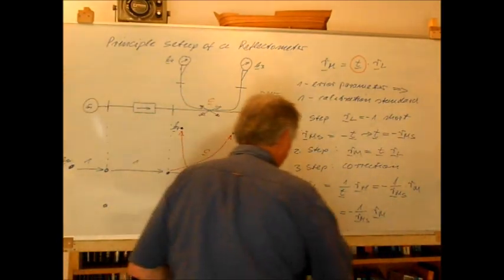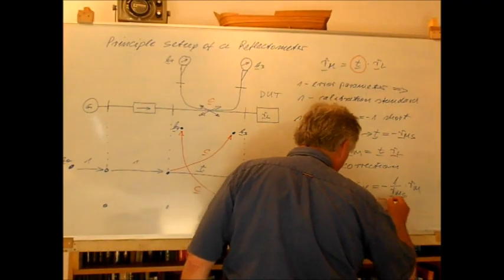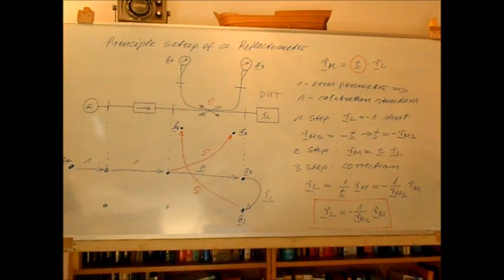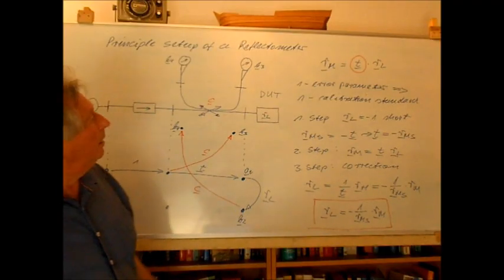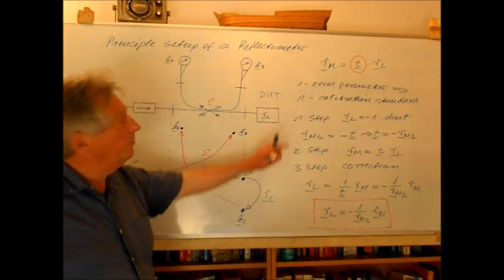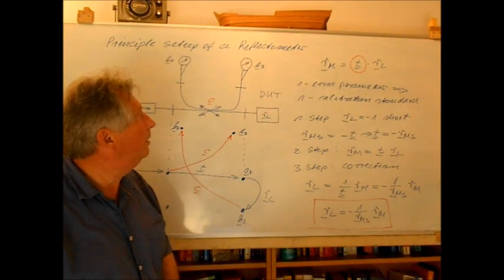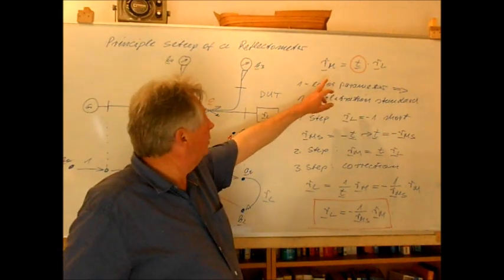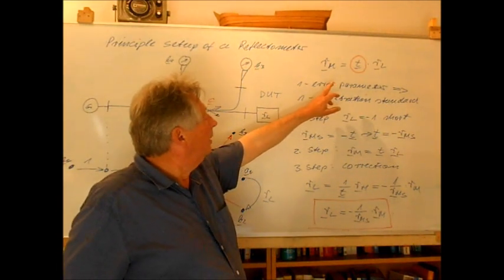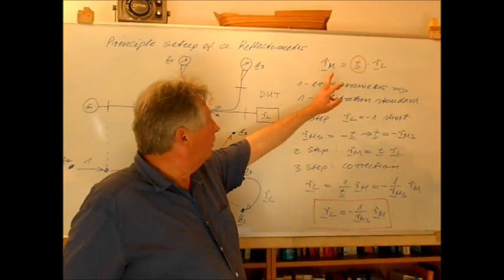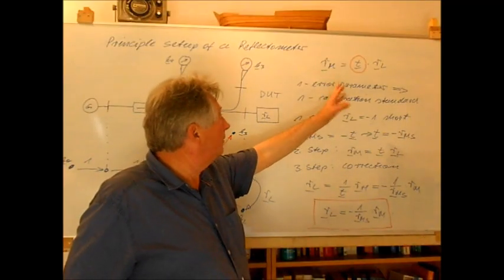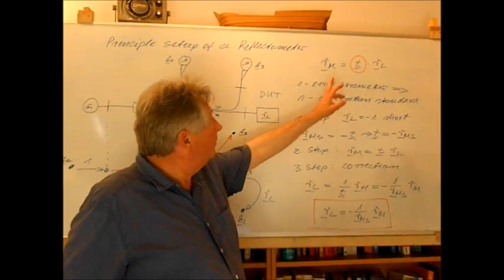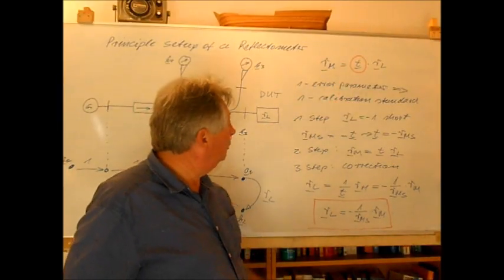So I want to repeat or summarize this again. We see, even if we use an ideal directional coupler, the ideal directional coupler will introduce one error parameter. In this case it will be the transmission factor T, and of course it has an absolute value and phase, and we must figure out its absolute value and phase.